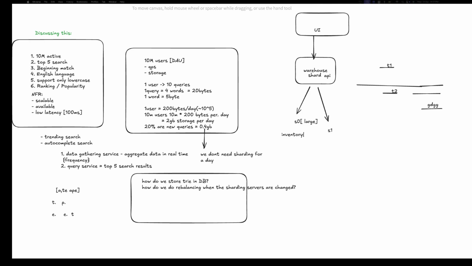For one user there would be around 200 bytes per day, and if you have 10 million users, it would be 10 million multiplied by 200 bytes per day, which equals 2000 megabytes, so 2 GB. Yes, 2 GB storage per day.